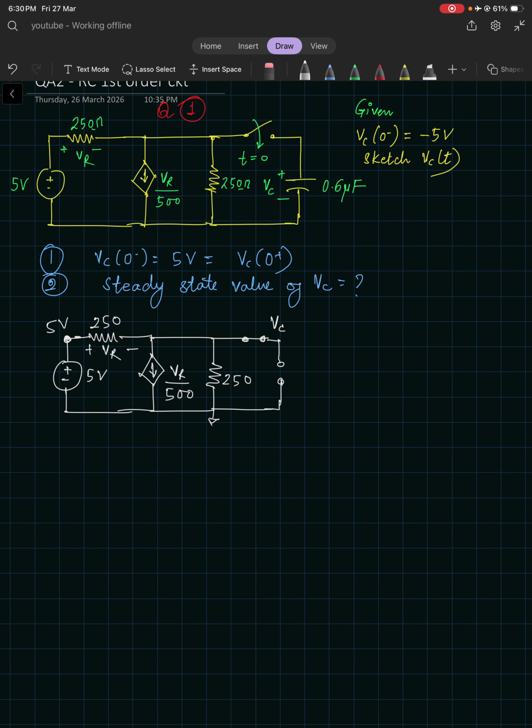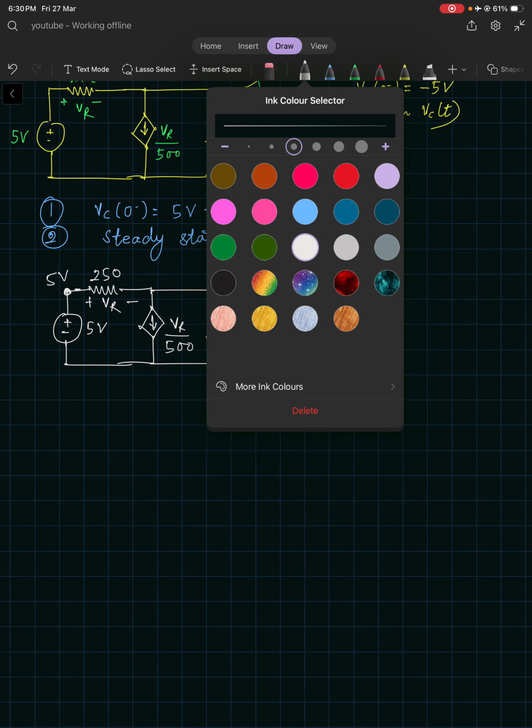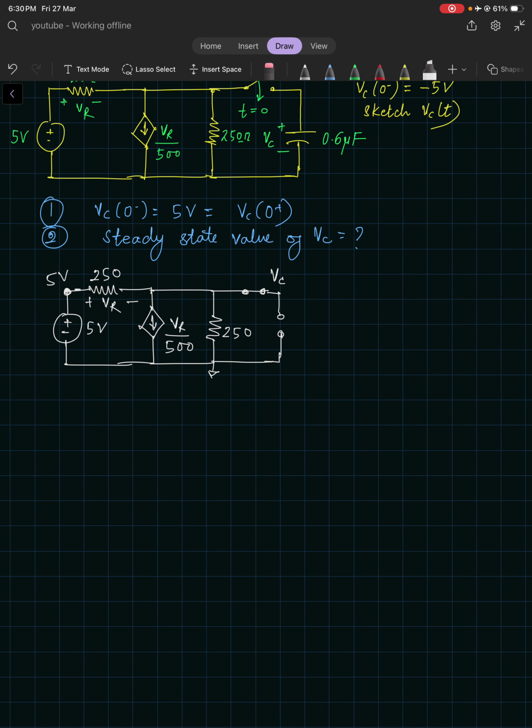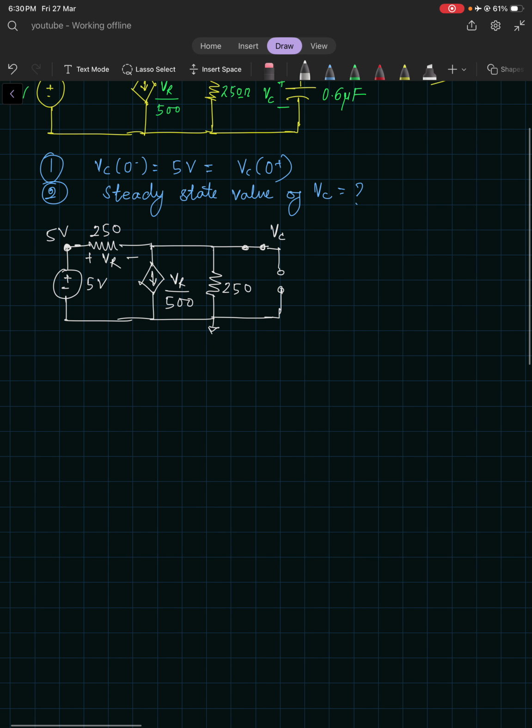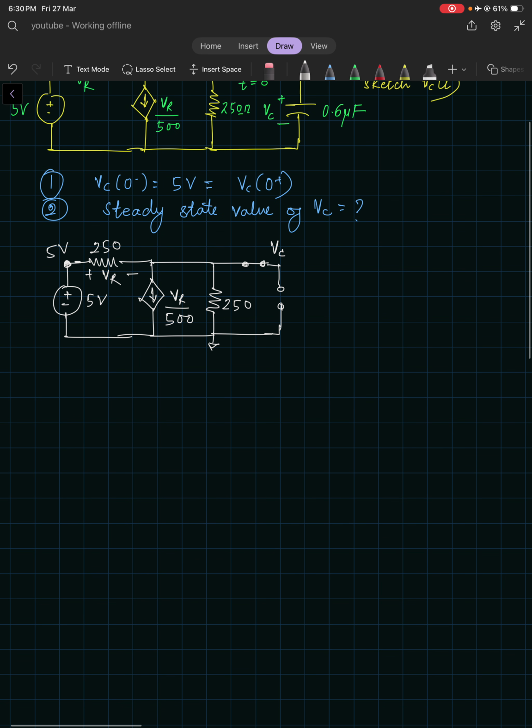Here we will apply KCL at this node. You all must be aware of how to apply KCL.